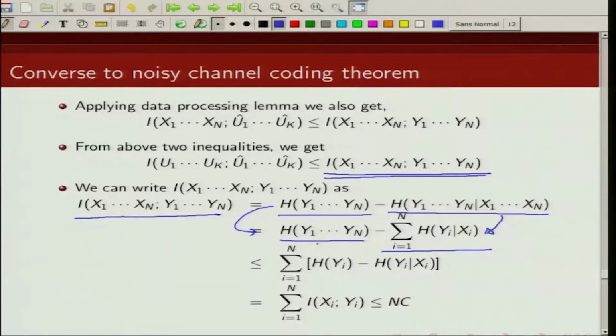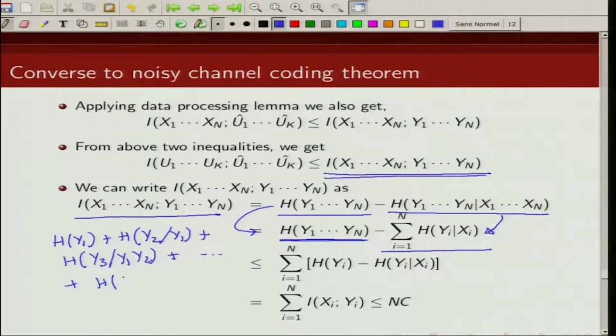Now, this joint entropy can be written using chain rule as h of y1 plus h of y2 given y1 plus h of y3 given y1, y2, up to h of yn given y1, y2, up to yn minus 1.